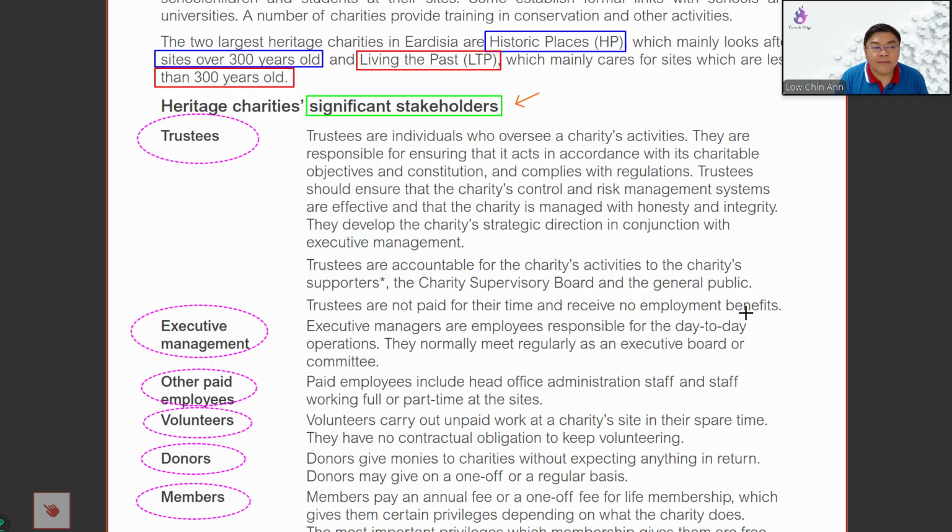Now, unlike a profit-making company, usually we look at a unitary board that we call board of directors. But most of the time, MPO, they will operate on a two-tier board, where the upper board is usually the board of trustees.